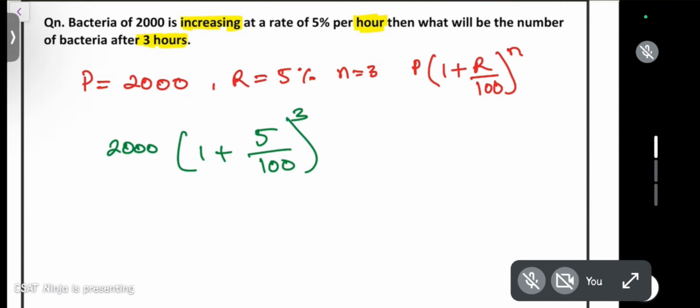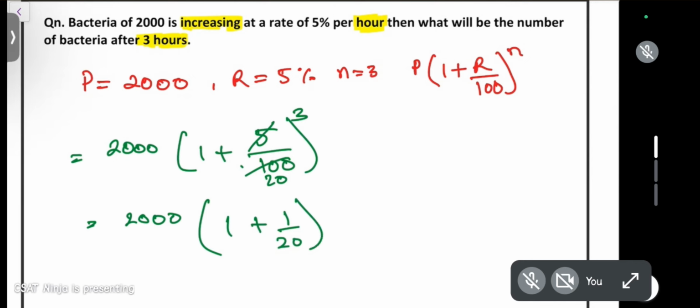I'll reduce this: 5 into 20, so that means 1 plus 1 by 20, to the power 3. It will be a long calculation, so I'll do it like this: 2000 into (21 by 20) to the power 3.